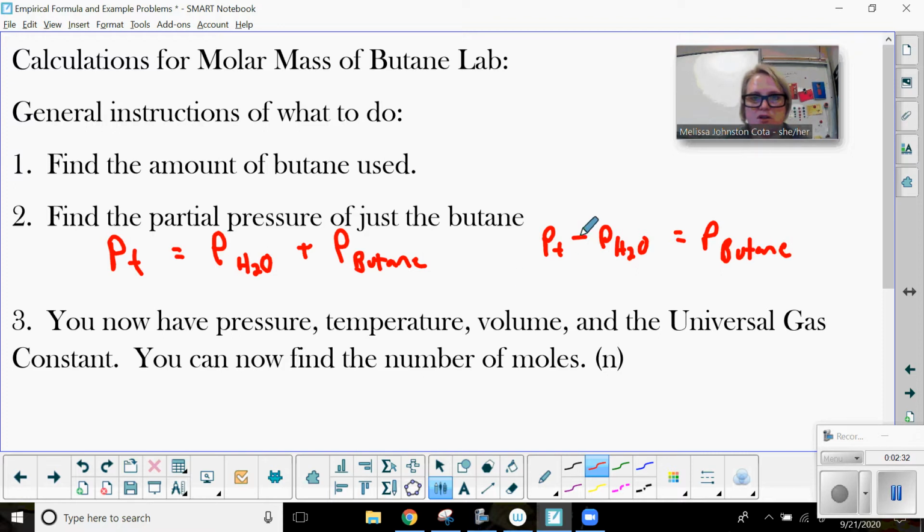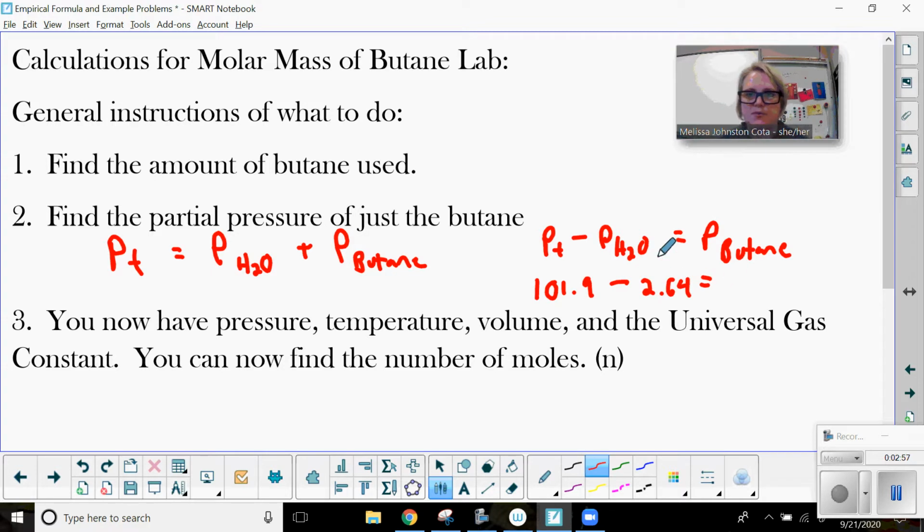Well, the pressure of the total system came from my barometer, and that was 101.9 kPa. And imagine that I'm looking at your data booklet, this magical data booklet: my temperature was 22.5 degrees, which means that my partial pressure of water is 2.64 kPa.